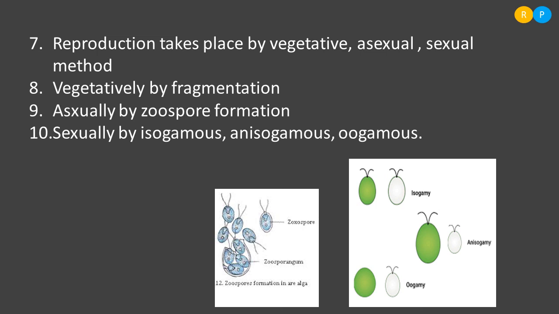Anisogamous reproduction can be seen in some green algae, isogamous reproduction can be seen in Spirogyra, and oogamous reproduction can be seen in Volvox. Understood? These are the few characteristic features we can see in the members of Chlorophyceae.